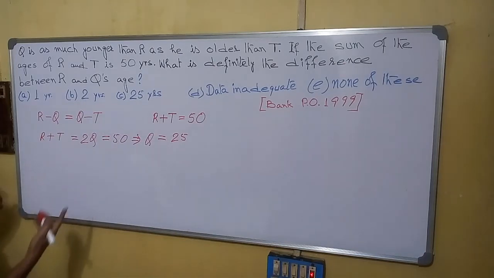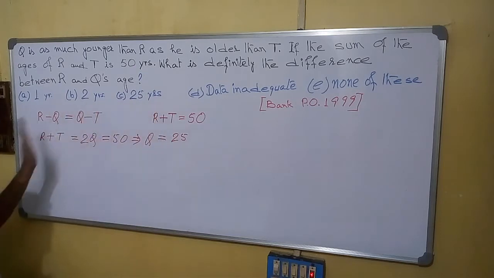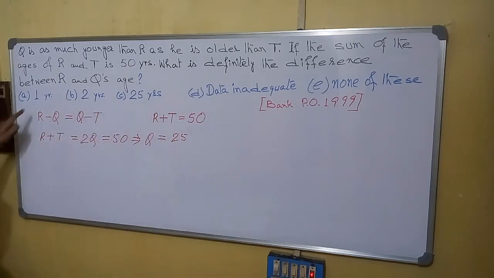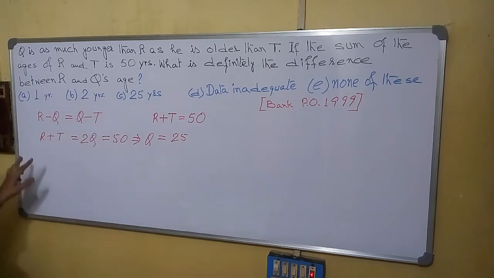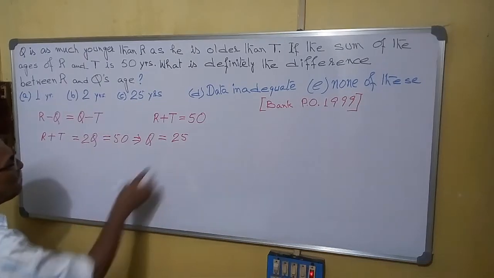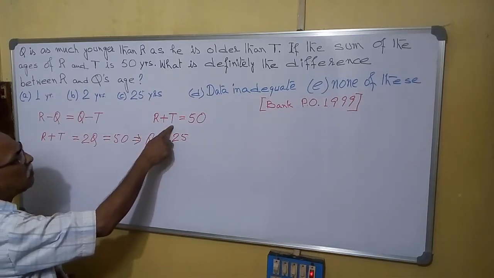Now what else do we know about R and T? No other information is provided. These are the options given. We have to find the difference between R and Q's ages. We know Q is 25. So R may be 30, T may be 20.